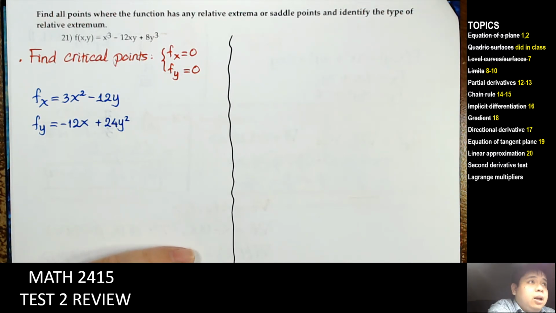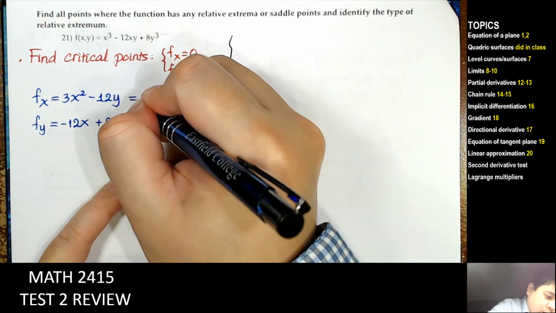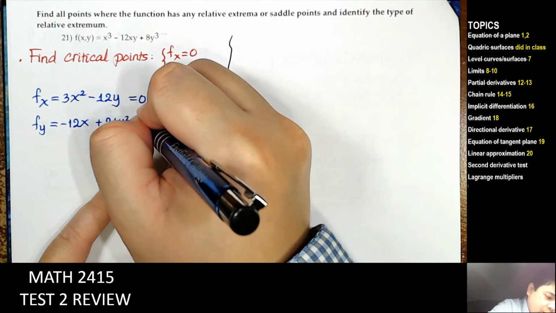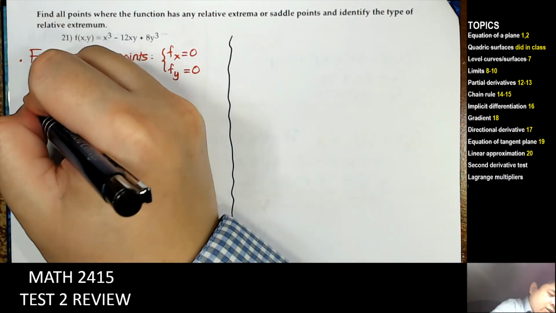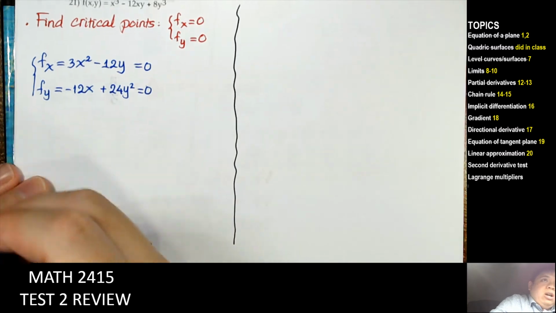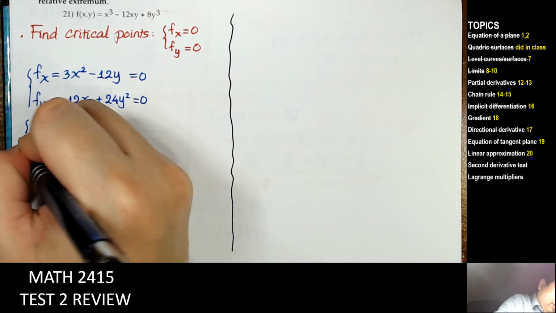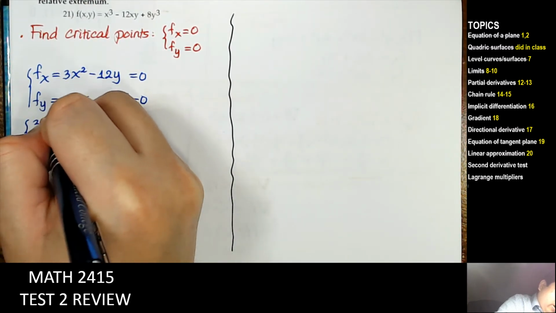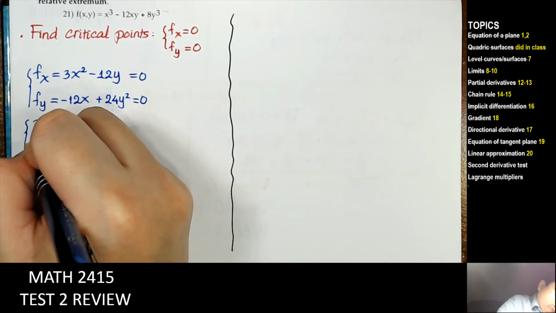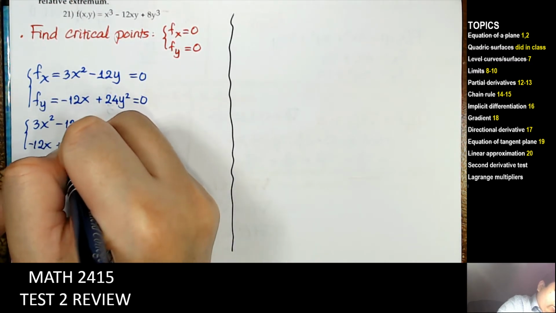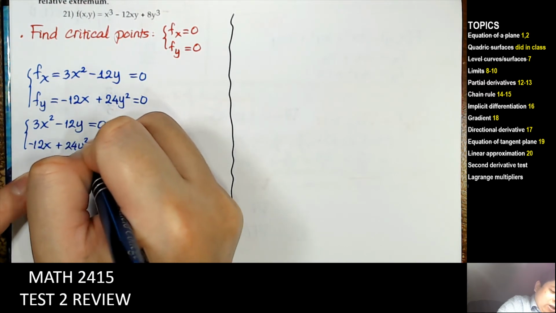Right, and we're going to solve this equal to 0. Let them equal 0, and we solve the system of equations. I'm going to rewrite that here. 3x squared minus 12y equal to 0, negative 12x plus 24y squared equal to 0.